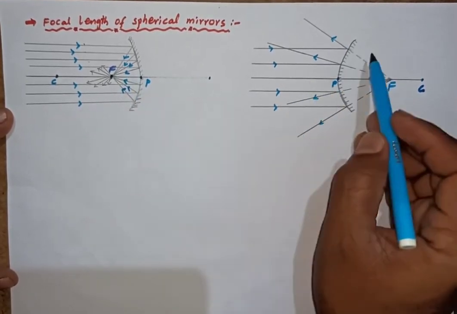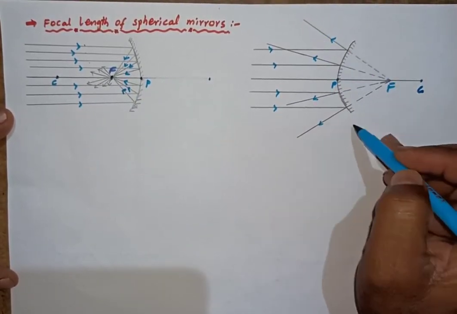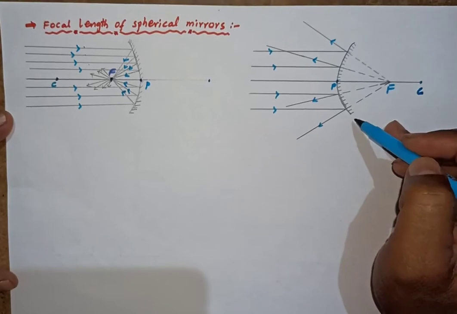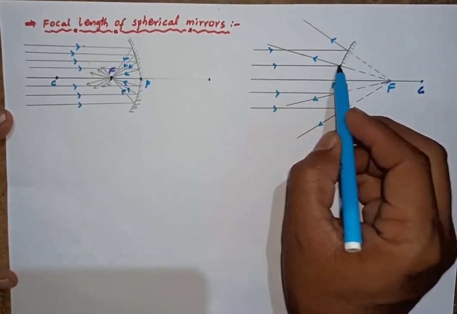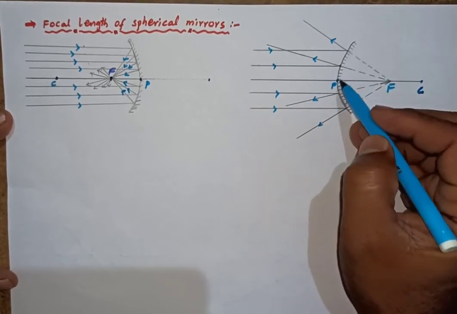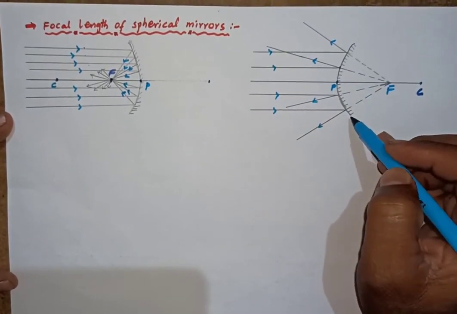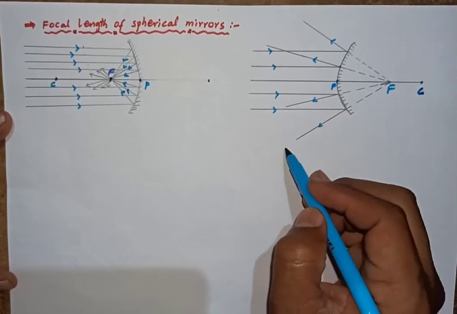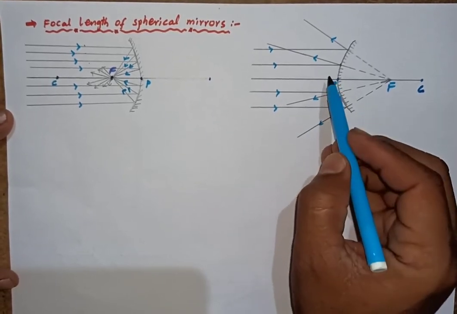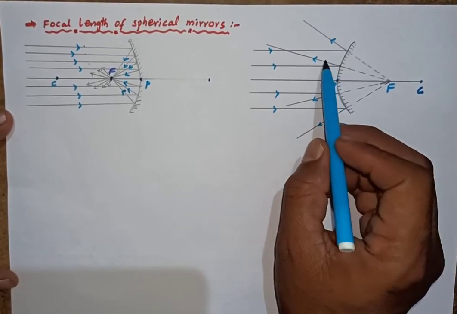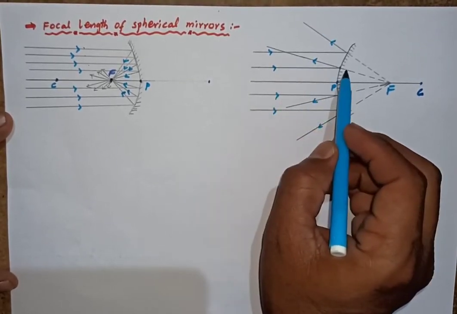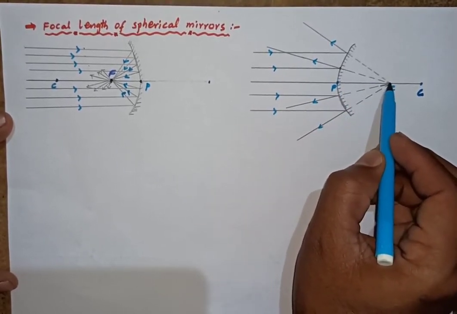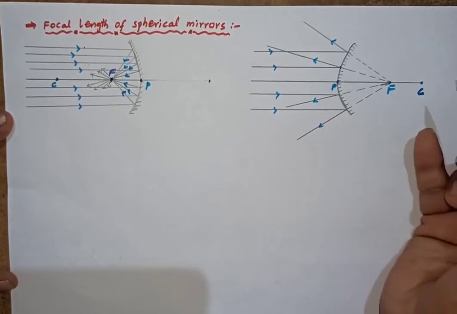Here in the convex mirror, when light is incident on the convex mirror, it is reflected back and diverges, and the divergent reflected rays are prolonged on the other side.